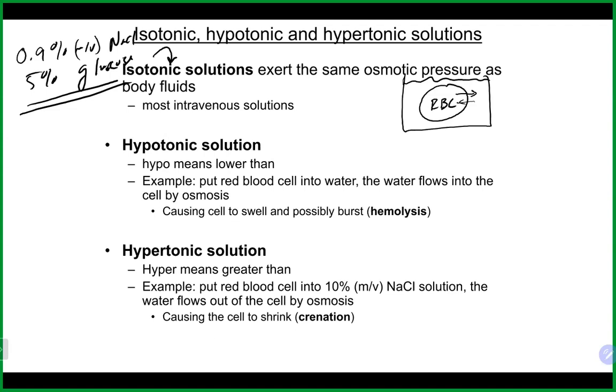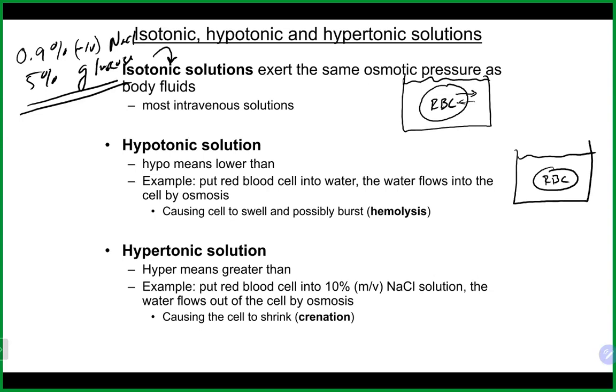Now, if you have a hypotonic solution, hypo means less than. That means that if you put, for example, our same red blood cell into a hypotonic solution, outside of the cell is less concentrated than inside the cell. So what's going to happen is, based on osmosis, as we were just talking about, water molecules will flow from lower concentration to higher concentration.